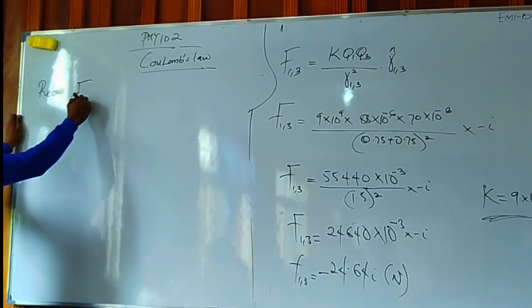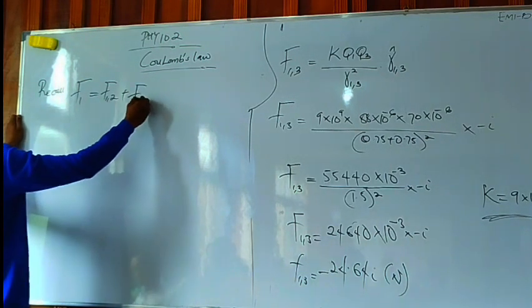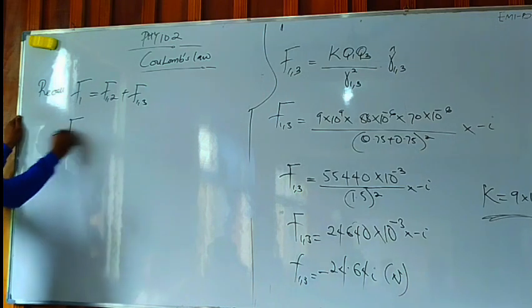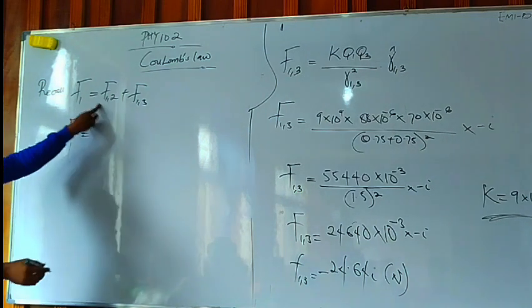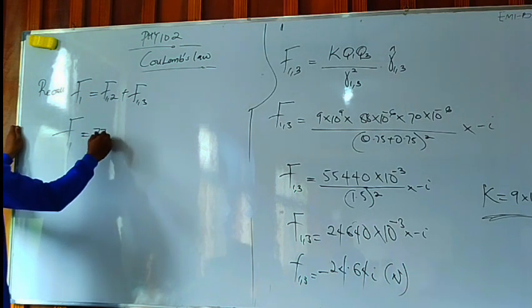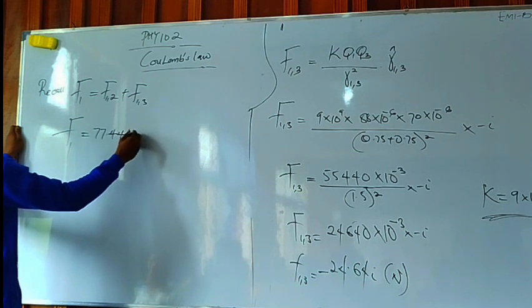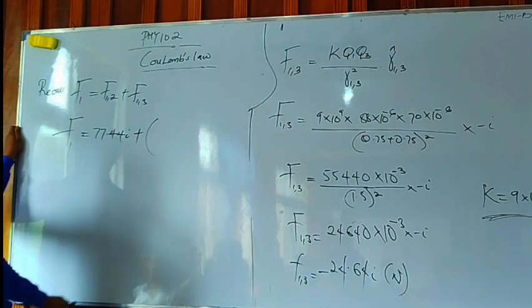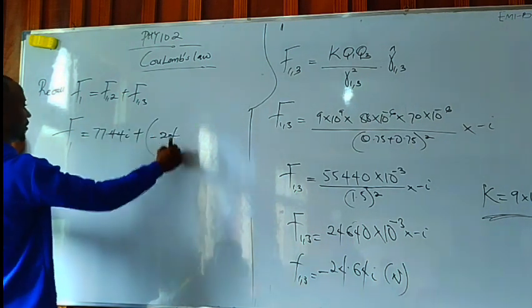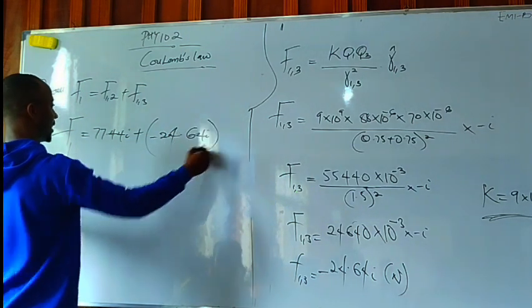We call that F1 equals F12 plus F13. And that will give us our F1. What is our F12? 77.44 i, right? Plus, what is our F13? Minus 24.64 i, right?